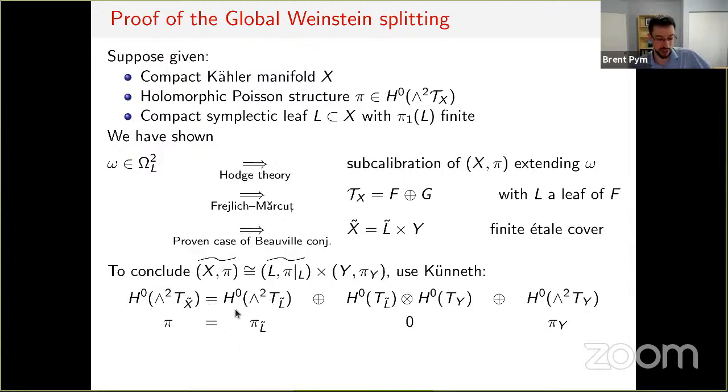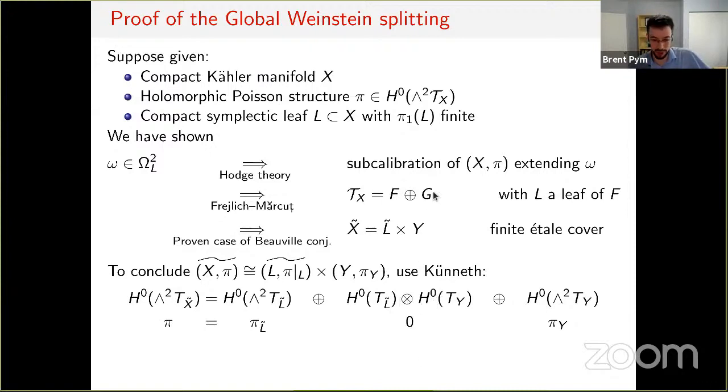It decomposes as a direct sum of the bivectors on L tilde, the bivectors on Y, and the cross terms where I have a tangent direction along L tilde and a tangent direction along Y. But in this subcalibration, remember I emphasized this key point that the Poisson bivector is orthogonal with respect to F and G. So the Poisson bivector has no component which is a cross term.